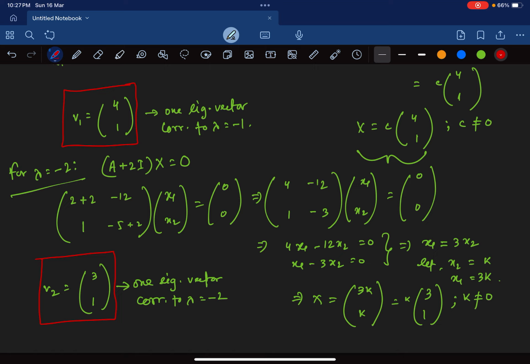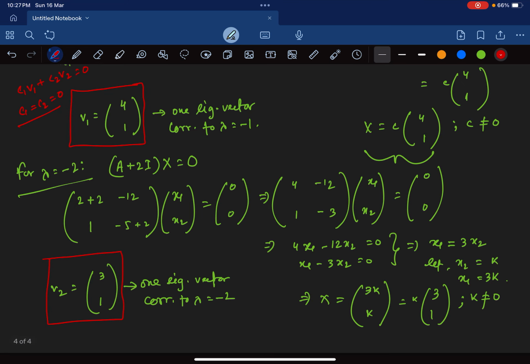How do we check linear independence? Set c1 v1 + c2 v2 = 0, and after the calculation you will find c1 = c2 = 0. Or another way: simply find the determinant of [4, 3; 1, 1]. You will get a value not equal to 0. So these two eigenvectors are linearly independent as well.